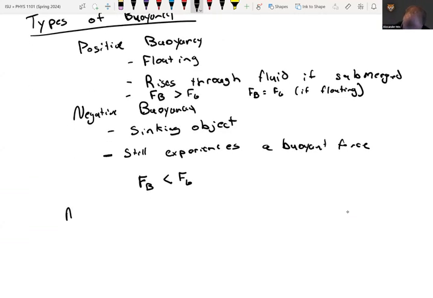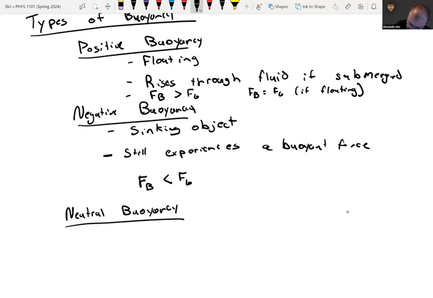And then we have neutral buoyancy. If you've ever gone scuba diving, you adjust your BCD, your buoyancy control device, you adjust how much air is in that. Basically what you want to do is make yourself neutrally buoyant. And what a neutrally buoyant object does is it just sort of hovers in the water.